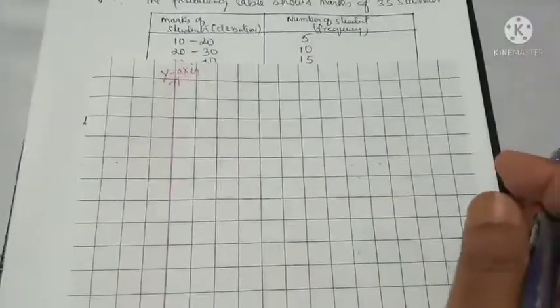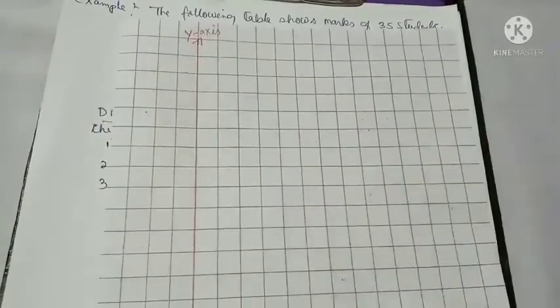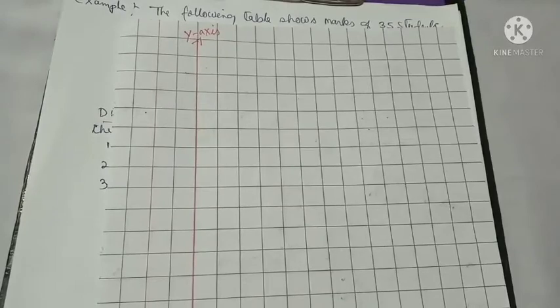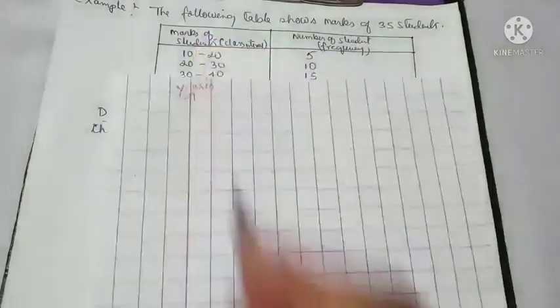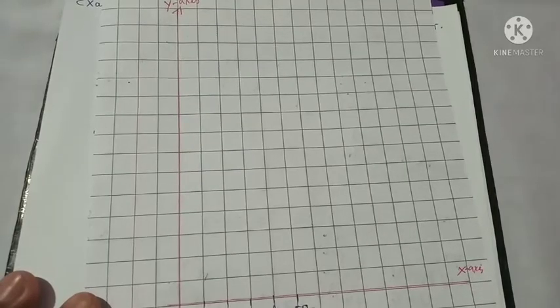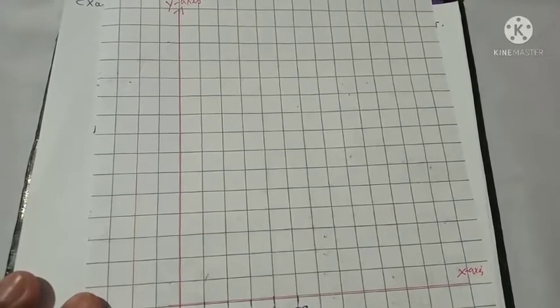We write 10, 20, 30, 40 and 50. We call this the marks of the student.